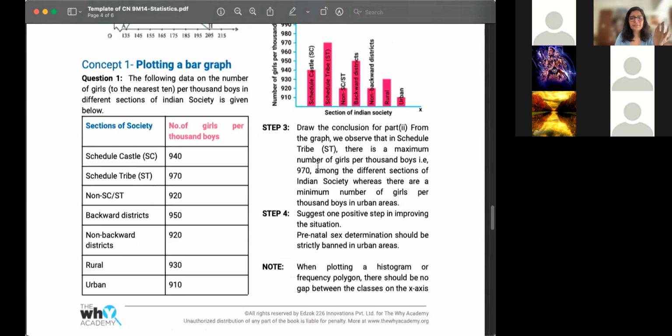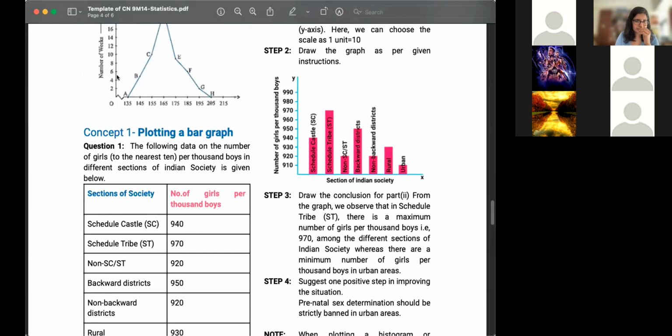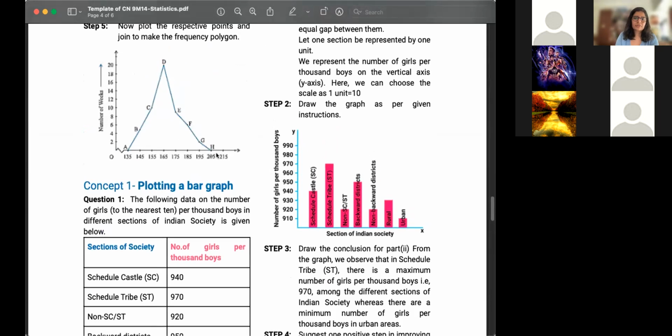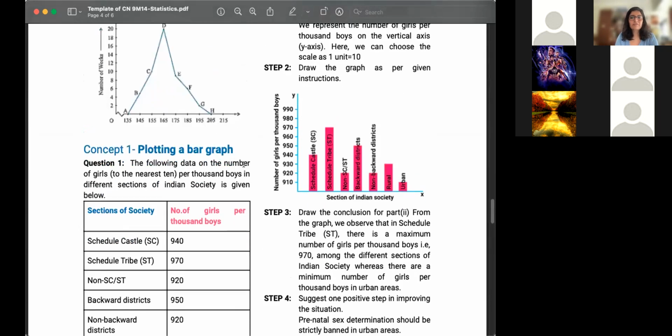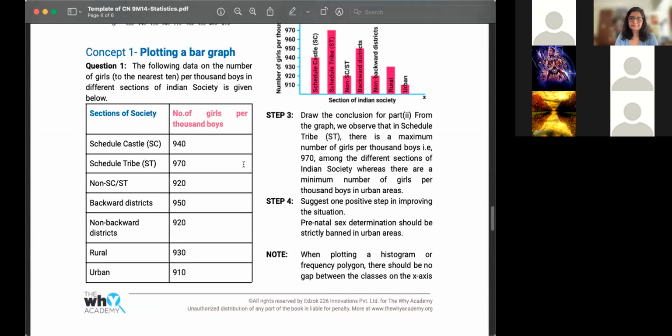Okay, it's the same thing you've been doing since childhood. There will be an x-axis and a y-axis, and frequency is always on the y-axis. On the x-axis you have your observations, and then you plot the bar graph or histogram, however you want to show it.